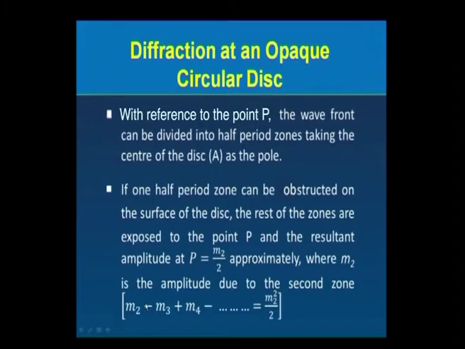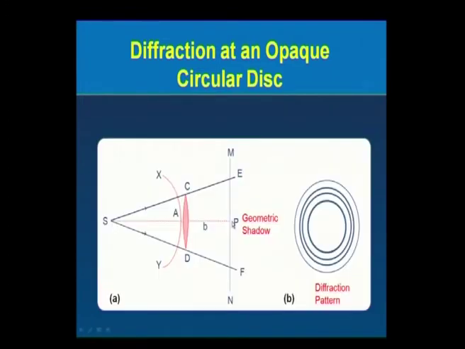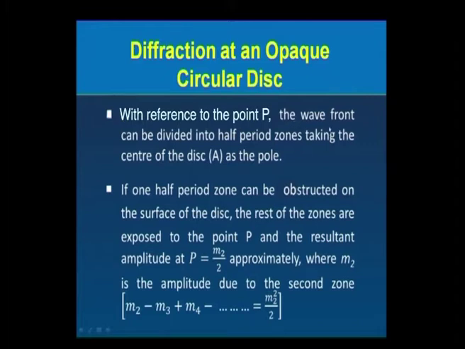To explain the formation of these rings, once again you have to draw the half period zones. With respect to the point P, the wavefront is divided into a number of half period zones, taking the center of the disc as the pole.